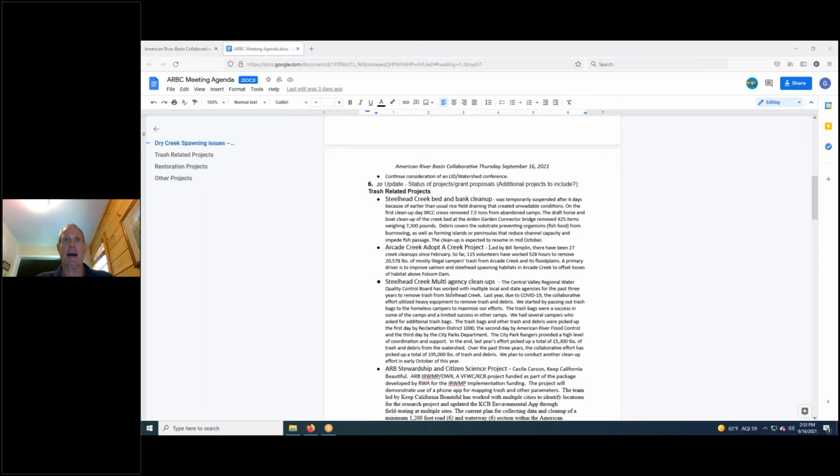We cleaned that up, and we also worked with Fish and Wildlife on that. So there's a lot going on, but the caveat and the bad part is we're only cleaning up a very small stretch of Steelhead Creek. We're trying to keep that stretch clean, but obviously, if we went upstream or downstream, we'd see additional issues.